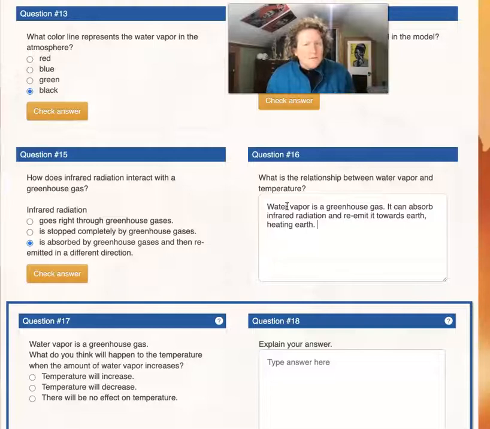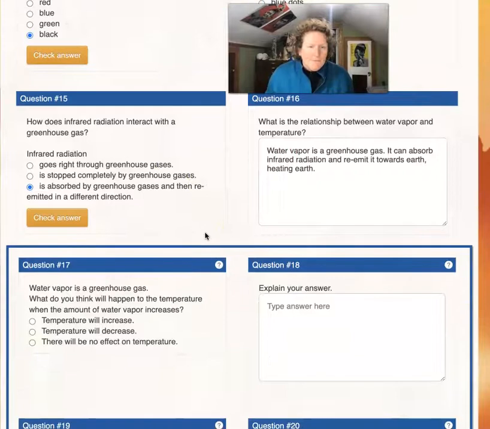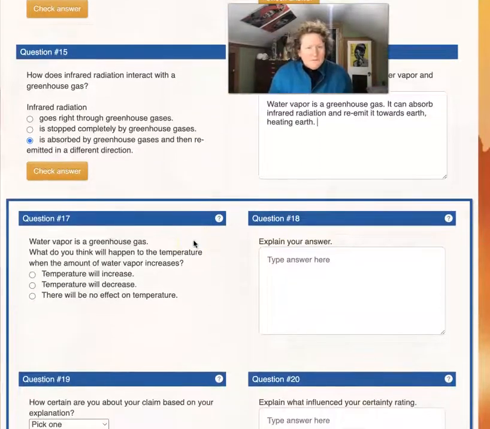So like other greenhouse gases, water vapor can keep the planet warmer.